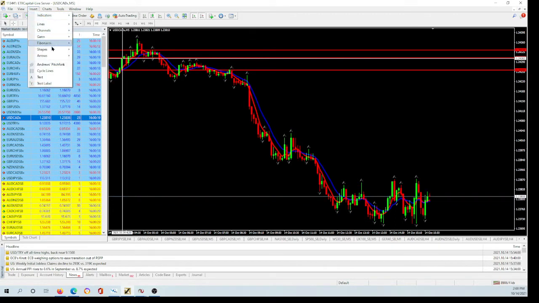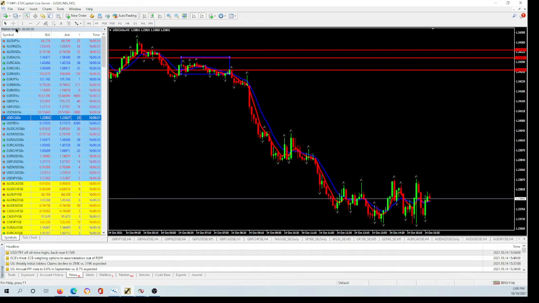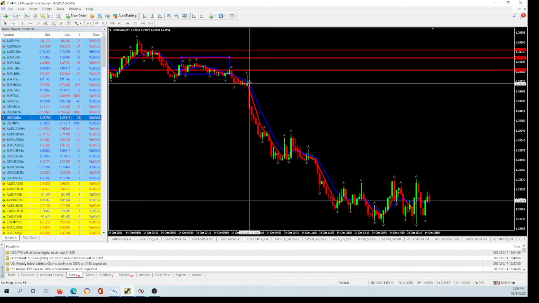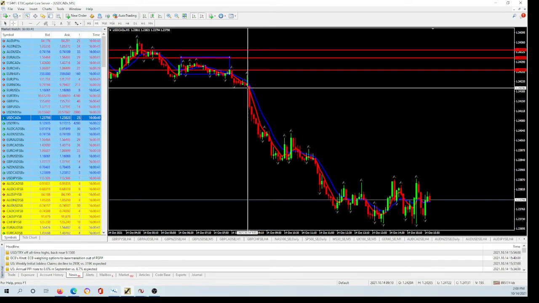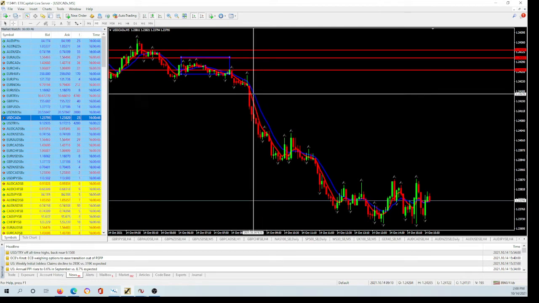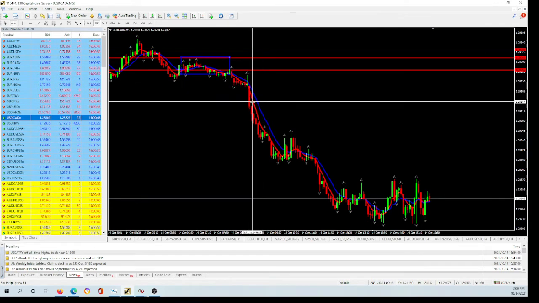What you have to avoid, I will show you, are the consolidation places where you have smaller candles, ranging candles like that. Those are invalid. So where you have a clear cross, like here, you can see the 7 is below and the 14 is above.